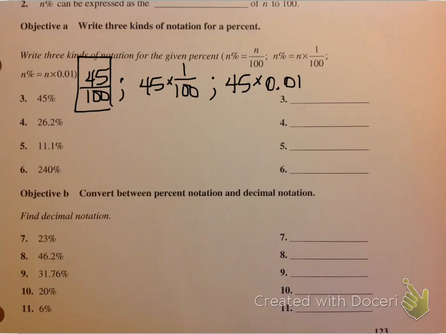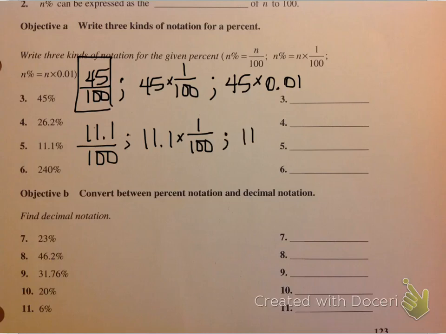So if we look at 11.1%, what would that look like in all 3 parts? Well, you take your percent, which is 11.1, and put it over 100. Okay, that's the first part. And then the second part would be to take that 11.1 and multiply that by 1 over 100, because that also means percent.